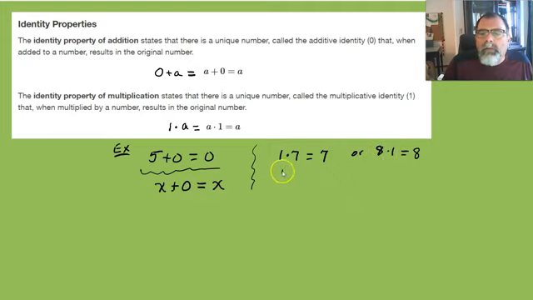And if I'm doing variables, 1 times x is just x, or x times 1 is just x. I should use y. How about that? y times 1 is just y.